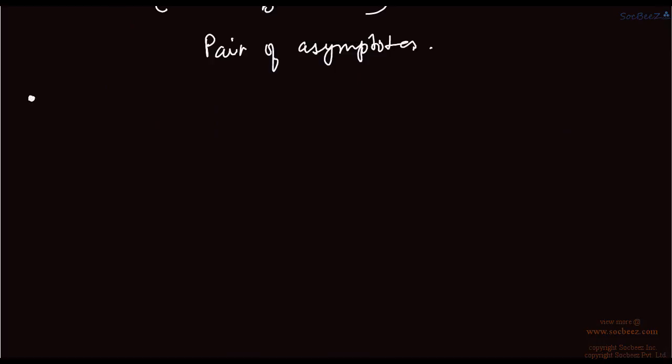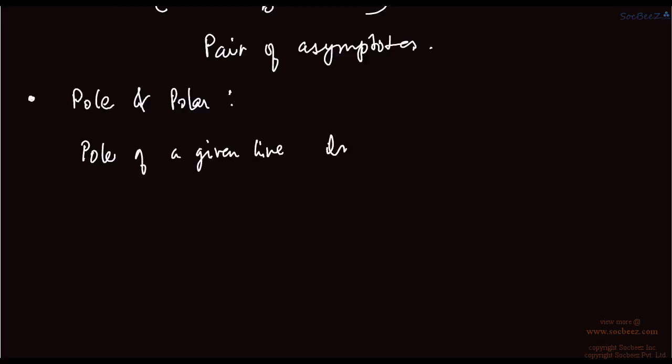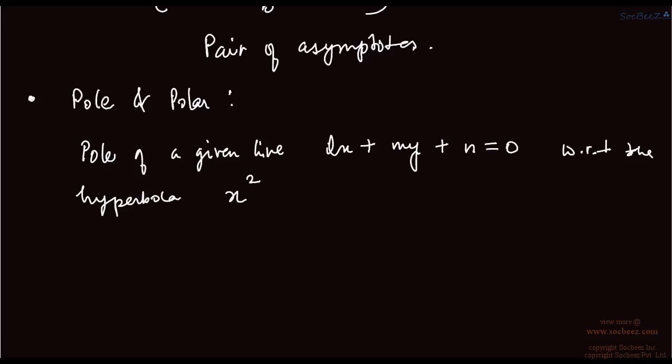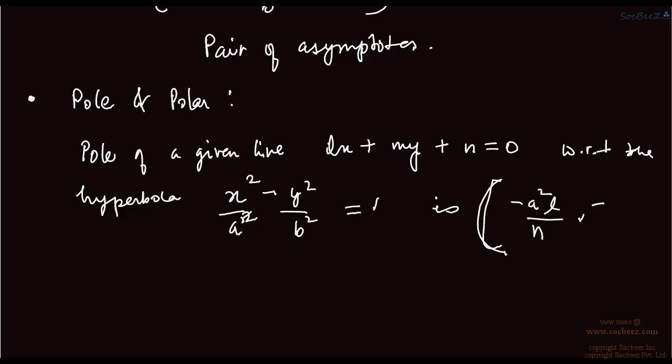Now pole and polar, we will see the pole and polar of a hyperbola. The pole of a given line Lx plus My plus N equals 0 with respect to the hyperbola x square by a square minus y square by b square equals 1 is a point, which is (minus a square L by N, minus b square M by N).